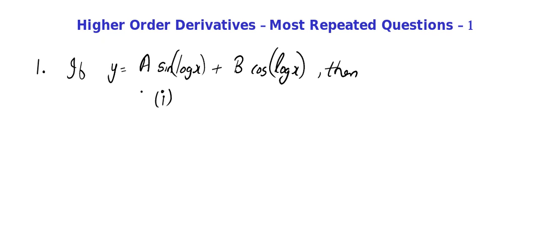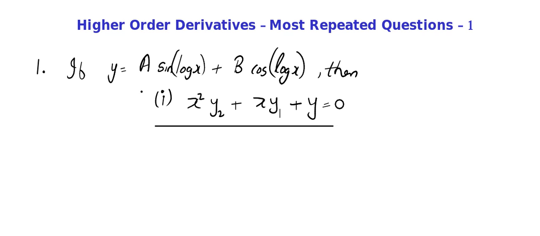Okay, the first part is what we learned in the last video of higher order derivatives. So prove that x square into y2 plus x into y1 plus y equal to 0. In the last video, we learned a trick so that we will get this expression really fast.